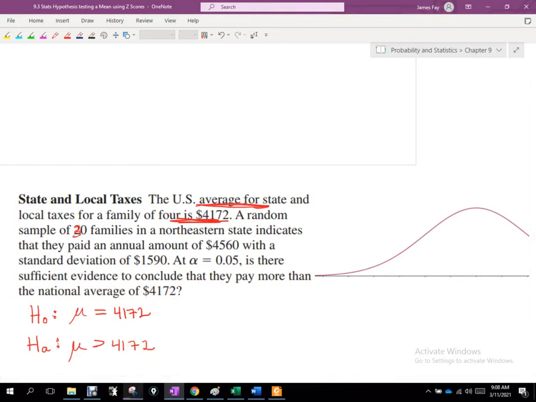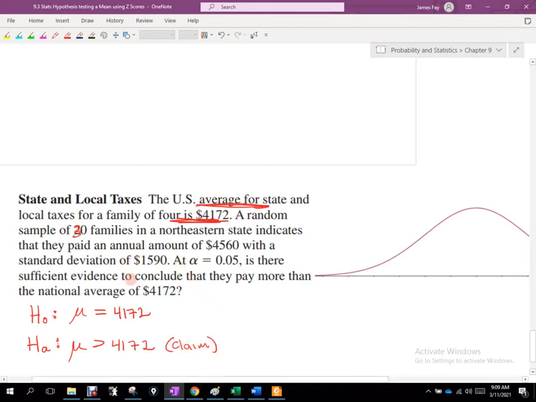Does that make sense? Nowhere does it say that a researcher reports or an individual claims, right? So that last statement, "is there sufficient evidence to conclude that they pay more," that wording tells us, and it's going to be consistent all the time, that this is indeed the claim here.